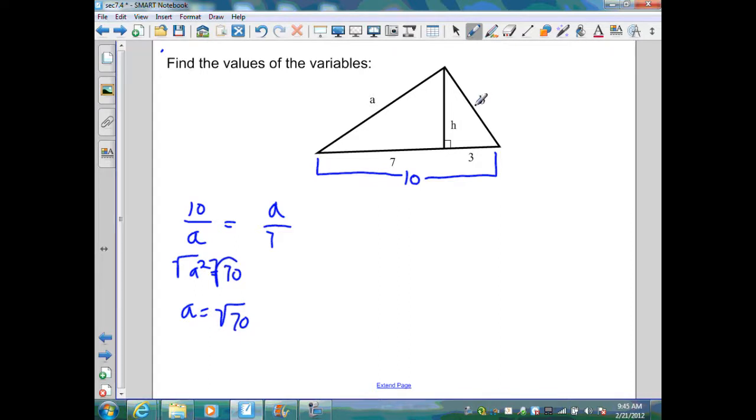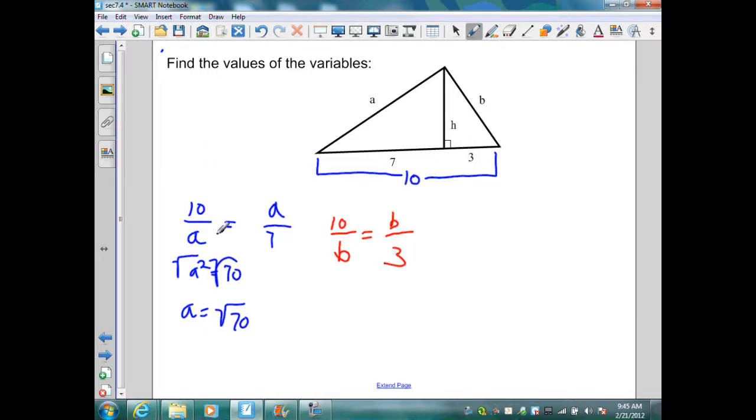I'm going to choose now to do the other leg. That's B. And again, my leg corollary, which was corollary 2. When an altitude is drawn to the hypotenuse of a right triangle, that leg is the geometric mean between the hypotenuse, which is 10, and the segment of the hypotenuse adjacent to that leg, which is 3.